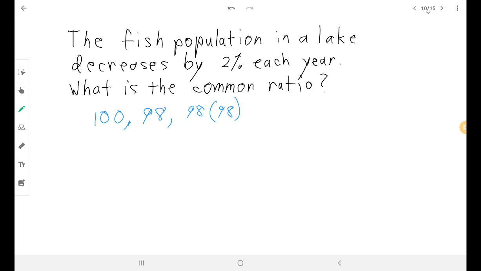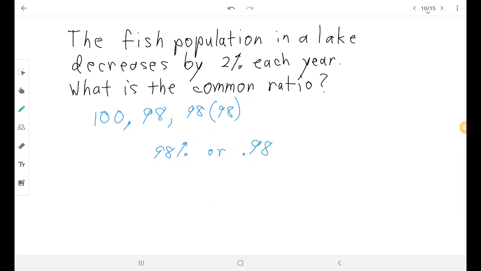With percents, the word of means multiply. So if I'm decreasing by 2%, I'm getting 98% of the thing each time. So what is my common ratio? My common ratio is 98%, or 0.98.